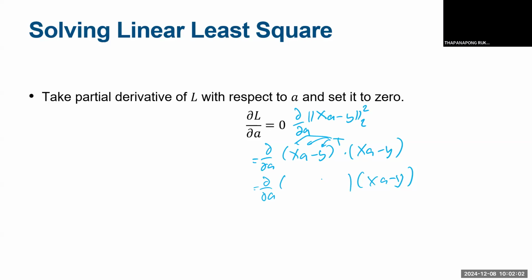What about the front? We have this one, this is one transpose. What about the front? Xa transpose is equal to, so which one? This one or this one? Which one?